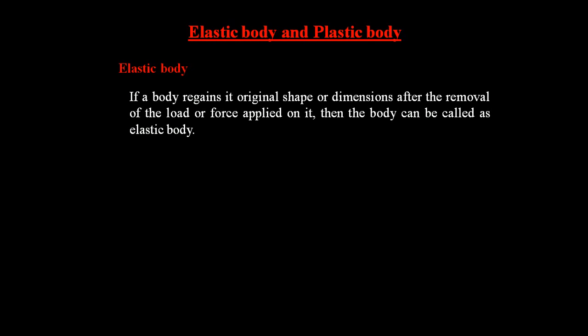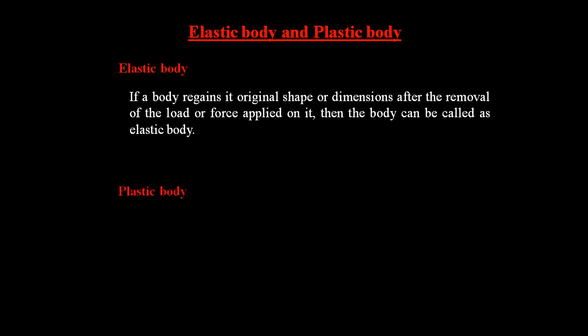Here after the application of the load the body can undergo deformation. Even after the deformation, if we remove the load and the body regains its original shape, then the body can be called an elastic body. So that is about elastic body.